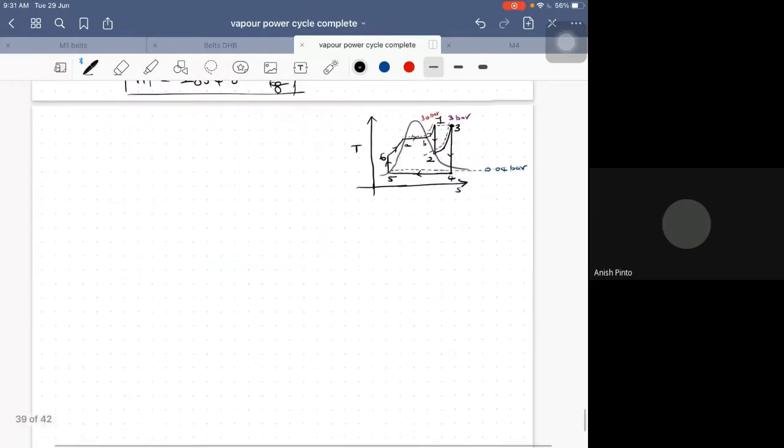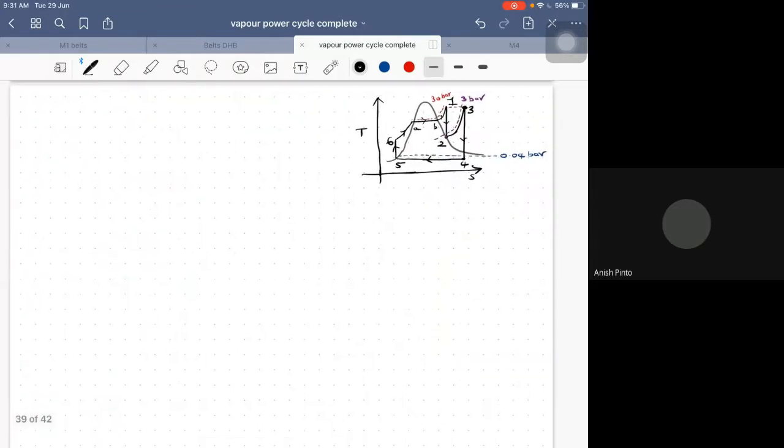Let us move to H2. H2 is in which state? On the vapor line. Very good. If it is on the vapor line, then H2 will be equal to Hg at the pressure P2.